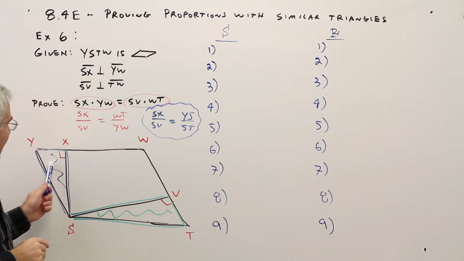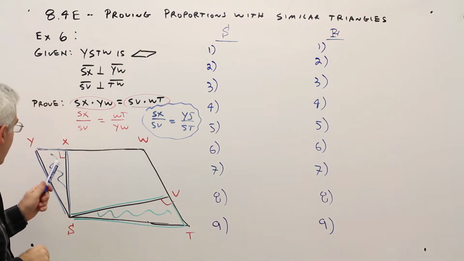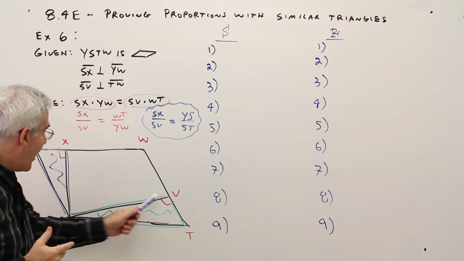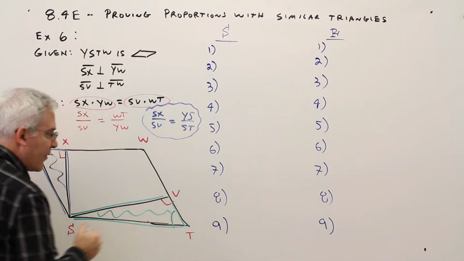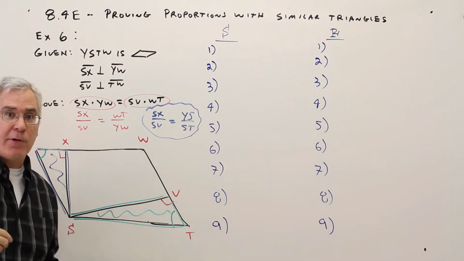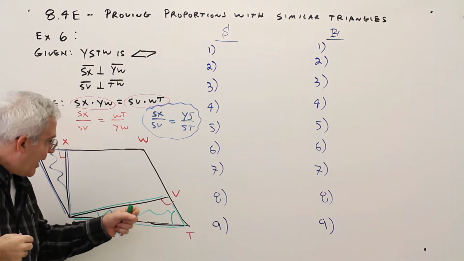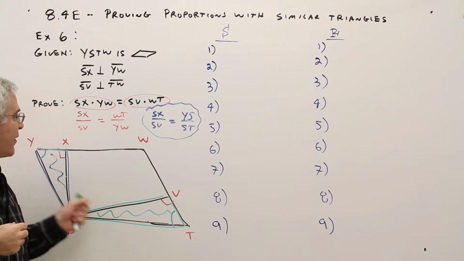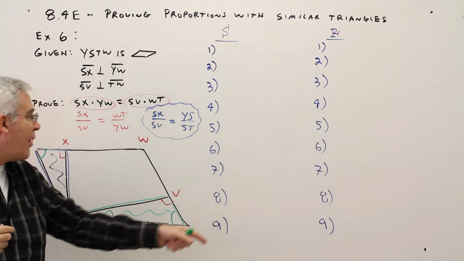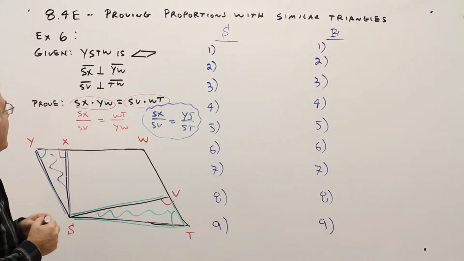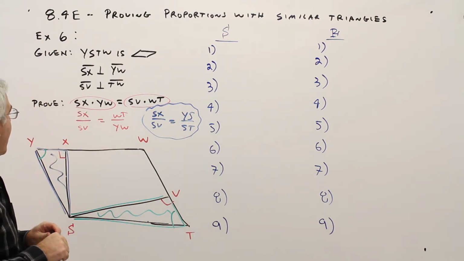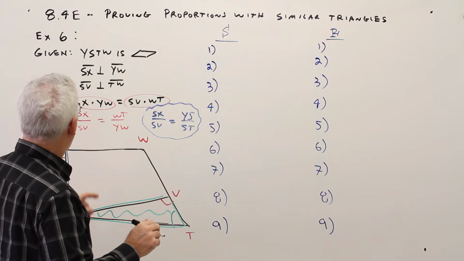I can get these triangles similar by angle, angle, right angle, right angle. And again, if I'm a parallelogram, opposite angles will be congruent. So now I've got a plan: get these triangles to be similar, get this proportion, cross multiply, and do some substitution. Game over.